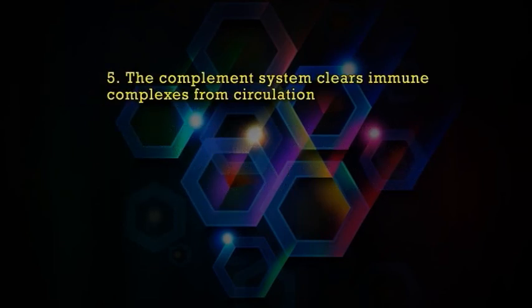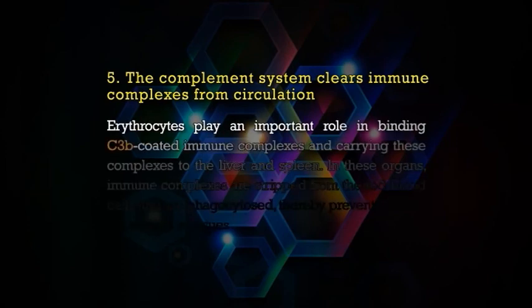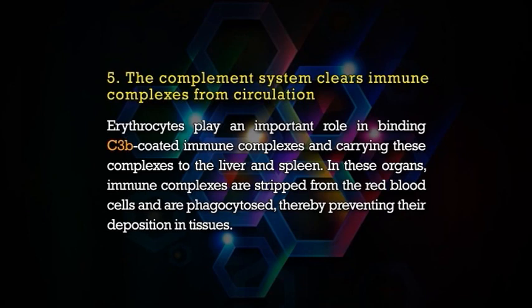The complement system clears immune complexes from circulation. Erythrocytes play an important role in binding C3b-coated immune complexes and carrying these complexes to the liver and spleen. In these organs, immune complexes are stripped from the red blood cells and are phagocytosed, thereby preventing their deposition in tissues.